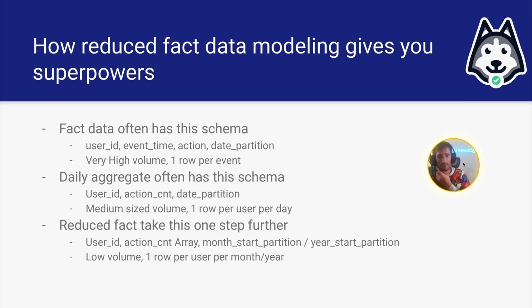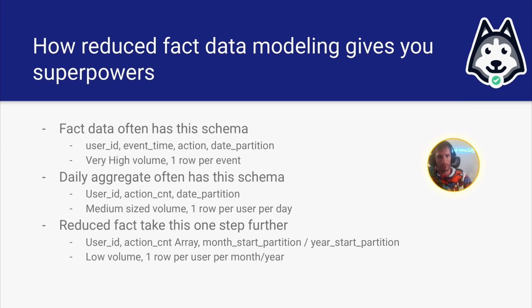This data ends up being either 1 row per month per user, or 1 row per year per user. And those are a very powerful way to get the data essentially as small as you possibly can. And that is what can really minimize the amount of shuffling that can occur, and really minimize the whole thing.